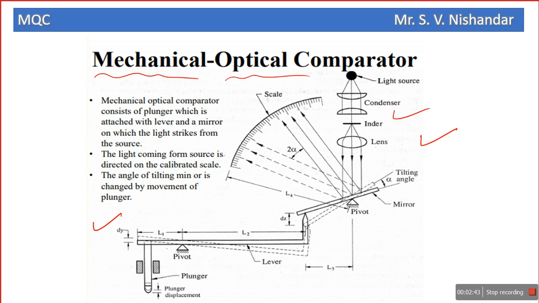In the coming slides, we will discuss the pure optical comparator, the Zeiss optical comparator. The magnification is achieved with the first half mechanical and the second half optical.